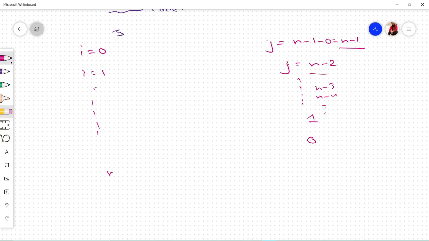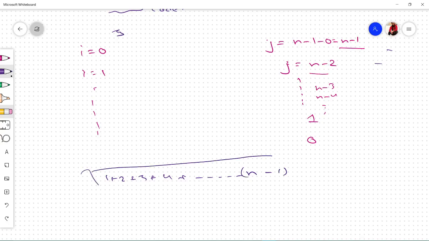So the total time it runs is 1 plus 2 plus 3 plus 4, and this keeps on going till n minus 1 times.